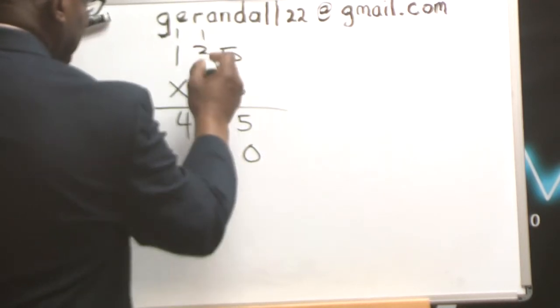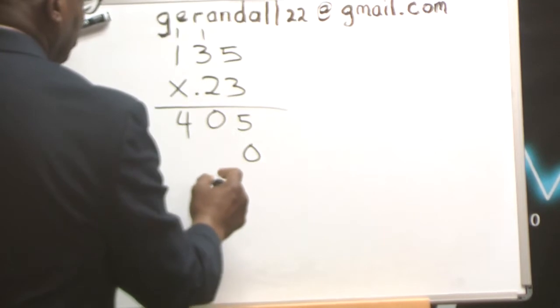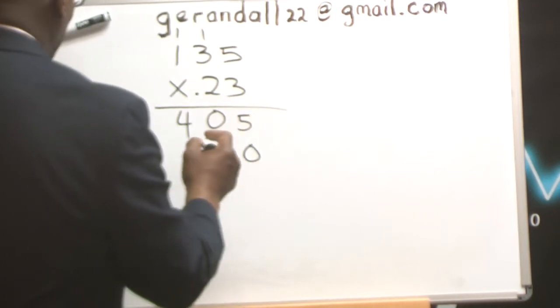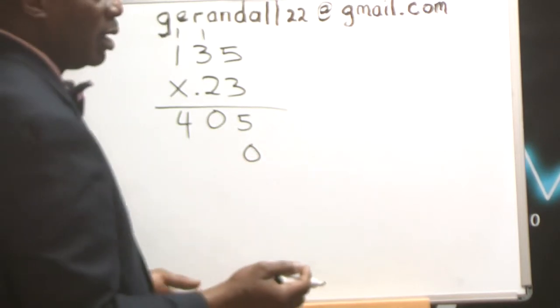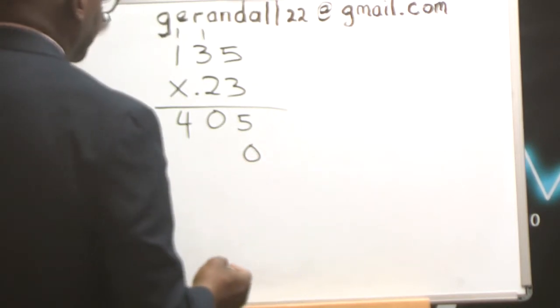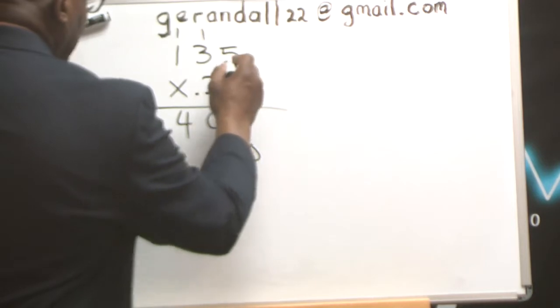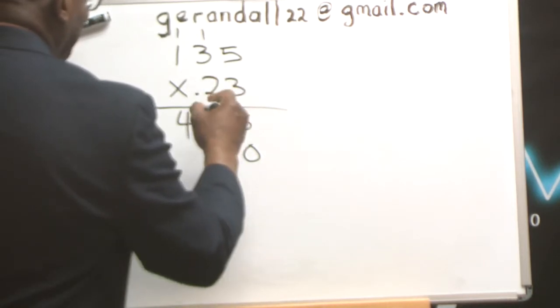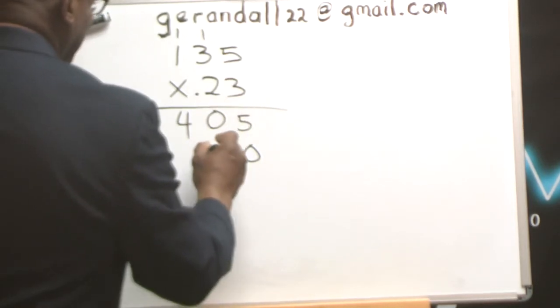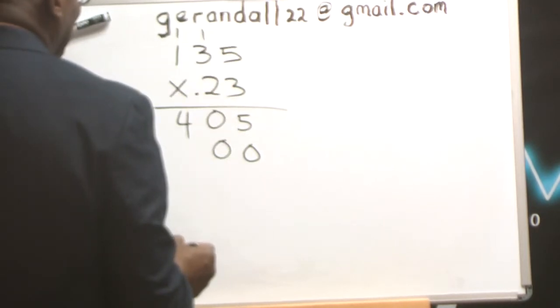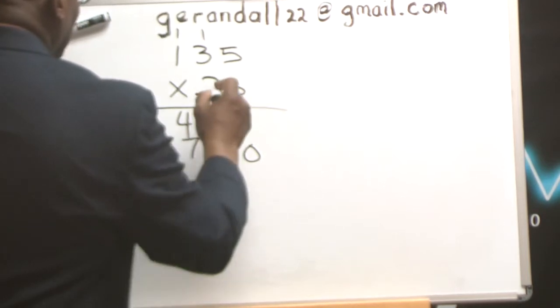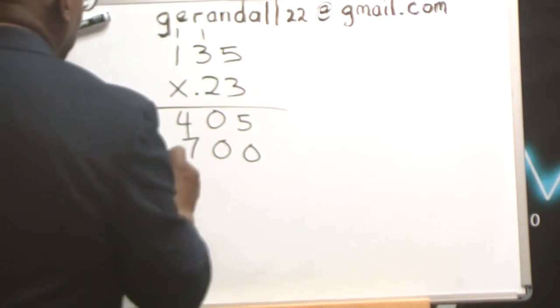So important to stay lined up when we're multiplying, dividing, whatever the case may be, with whole numbers or decimals. Again, 2 times 5 is 10, carry the 1. 2 times 3 is 6, plus 1 is 7. And 2 times 1 is 2.